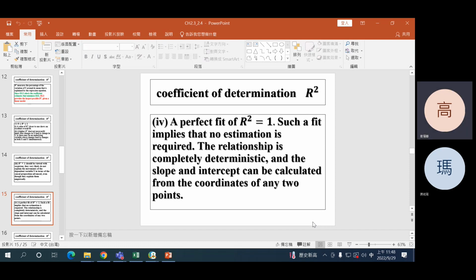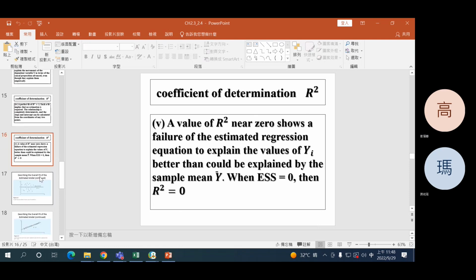In that case, we don't have to do any estimation. You just use any 2 points, then you can get the equation, and that's what we call a mathematical equation.